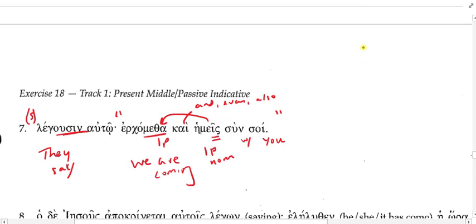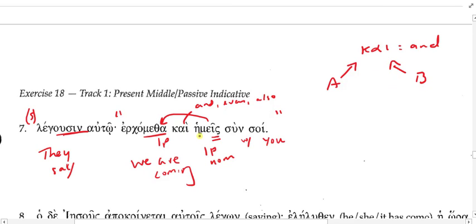So, when Kai has a sense like "and," what it's going to do is join two things that are like each other. So A and B will be similar. So Jack and Jill, right? Jack, Kai, Jill. Ate and played. Ate, Kai, played.